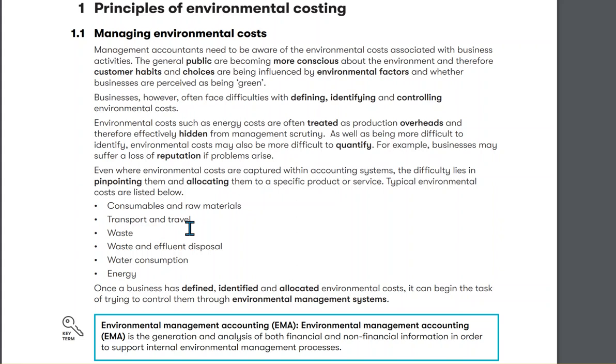The normal loss, which is called waste. The more the waste, the more the cost. Waste and effluent disposal: waste and effluent just means liquid, poisonous liquid that you're disposing maybe into the rivers. Water consumption: if you're consuming water, there is water deficiency in the region, and also because you're consuming water, obviously you will be paying for that.